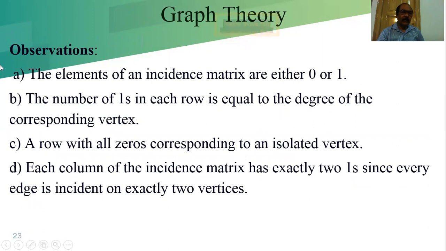Now, a few observations. The elements of an incidence matrix are either 0 or 1. The number of ones in each row is equal to the degree of the corresponding vertex.